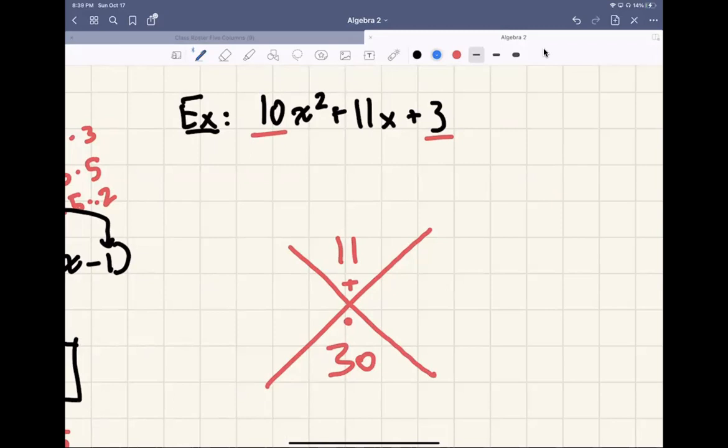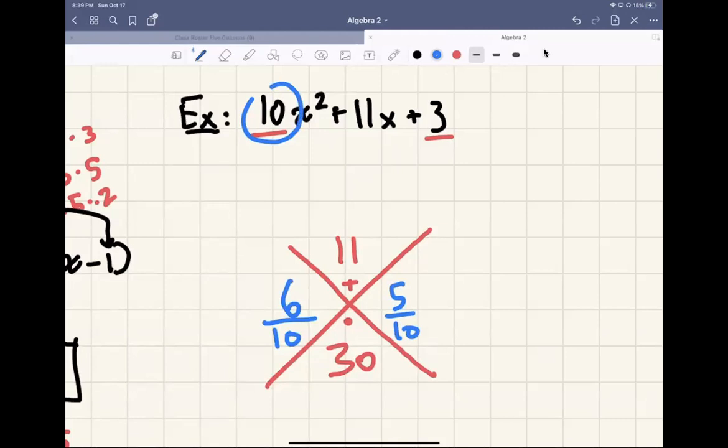But remember, we've got to divide by this 10. So we're going to divide everything by 10. You simplify this, this is 1/2. And this one, divide both by 2, you're going to get 3/5, right? So that means that this factor becomes 5x plus 3.